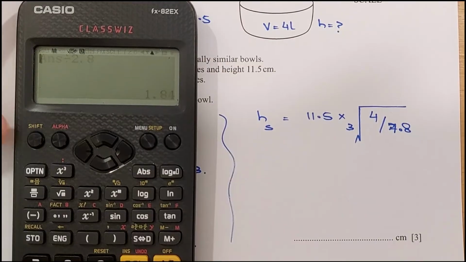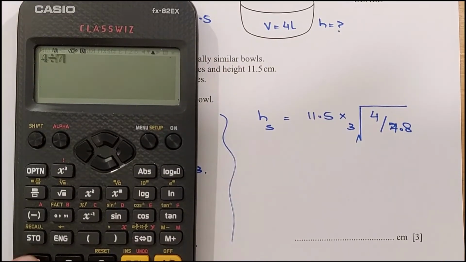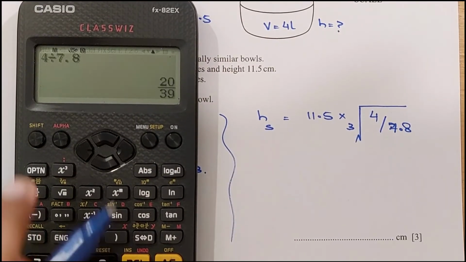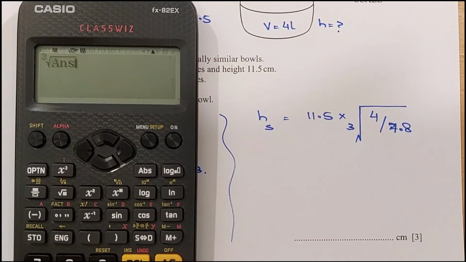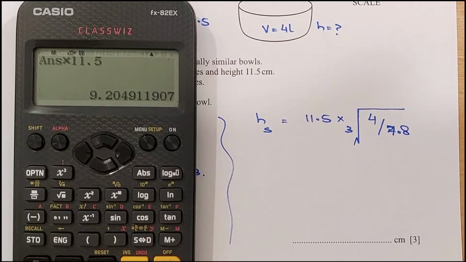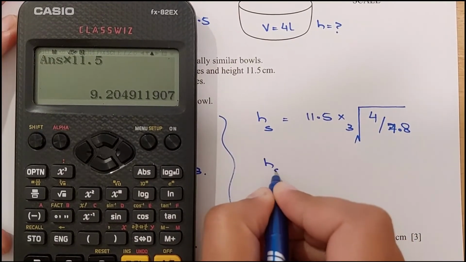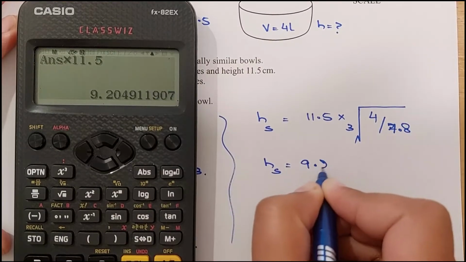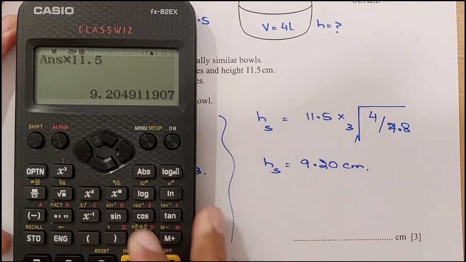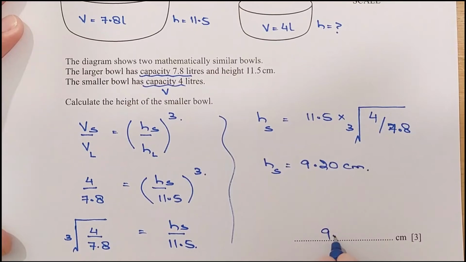Let me simplify this. 4 divided by 7.8 is this, and the cube root of the answer times 11.5 is 9.2049. The height of the smaller is 9.20 centimeters.